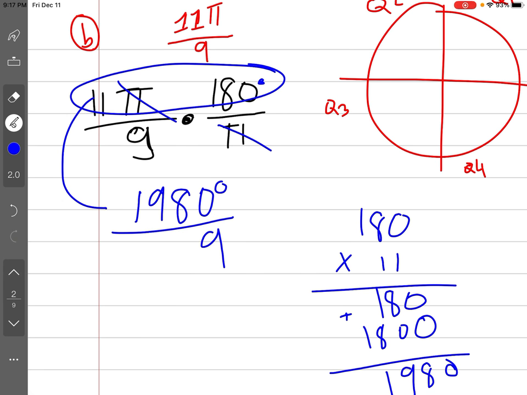So if it's long division, you can do that somewhere here in 1980. So 1 divided by 9 is something point something, but you can do 19 divided by 9.